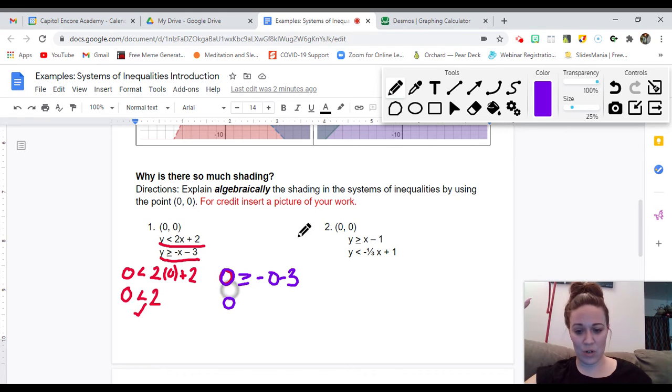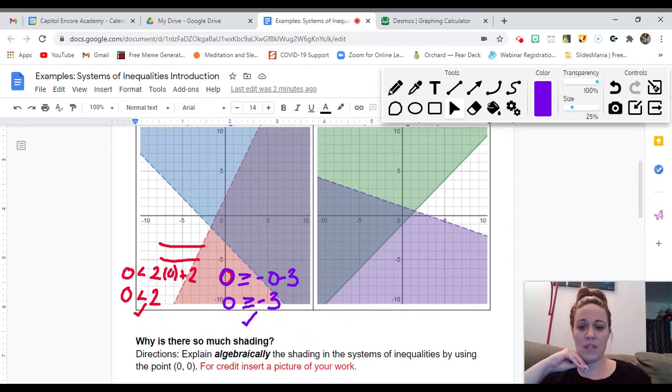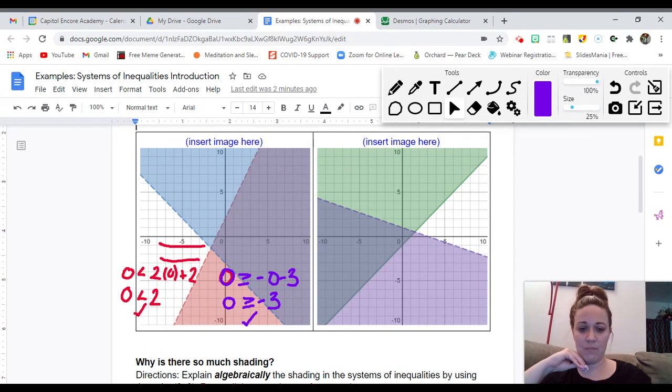So is 0 greater than or equal to negative 3? Yes, it is. So that is why you have that double shading in that area. That point was true for both of them. So all of that shading happened to include the point (0, 0), because (0, 0) was a solution to both of them.